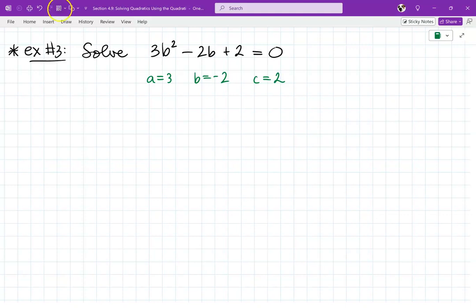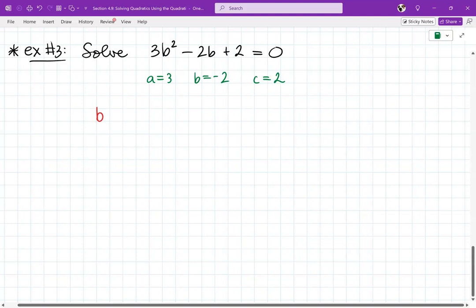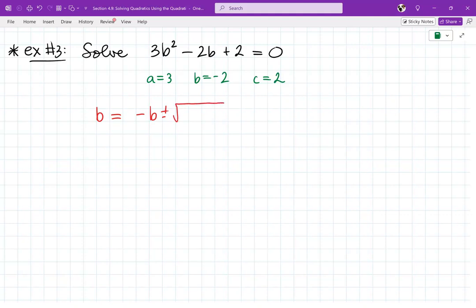So here we go. B is equal to, now again, I know this is going to look kind of weird because my formula happens to have B's in it. But just get past the first step and you'll be fine. Remember, this B that I'm putting in quotes is for the variables, not for the numbers.